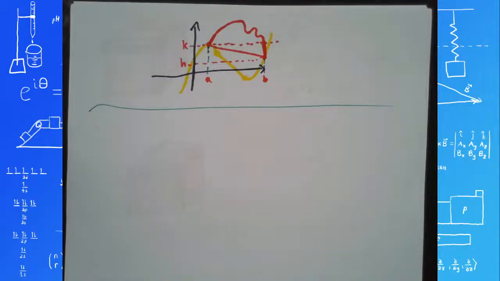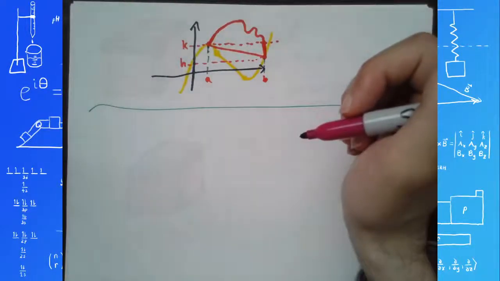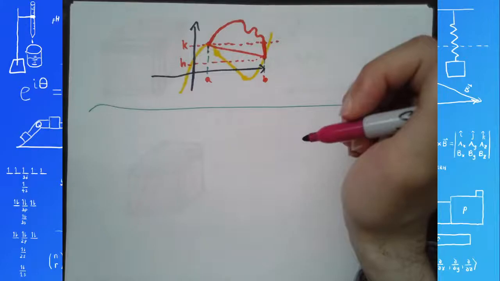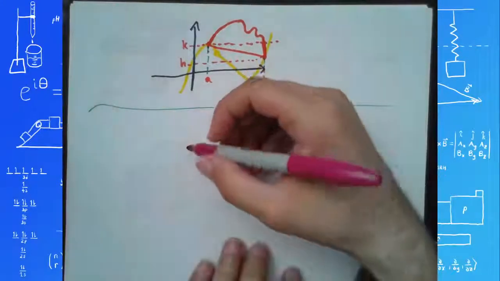So the mean value theorem kind of follows some similar reasoning to this, actually. It's just, really, it's the intermediate value theorem applied to derivatives. That's one way you could think about it.